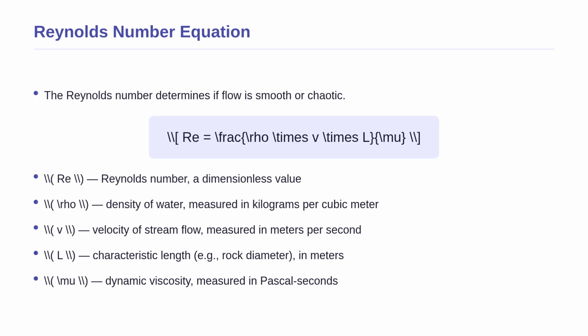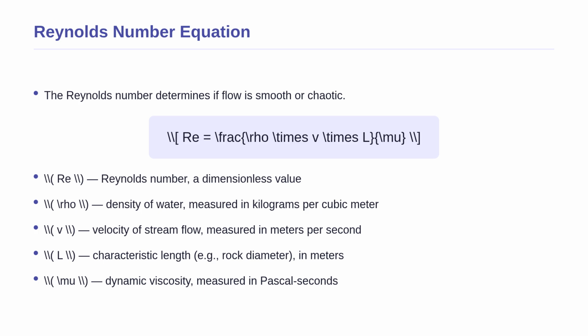To calculate this balance of forces, we use the Reynolds number formula. The formula is Re equals rho times V times L, all divided by mu. Let us define these terms. Re stands for the Reynolds number, which is a unitless value. The Greek letter rho represents the density of the water. The letter V is the velocity of the stream.